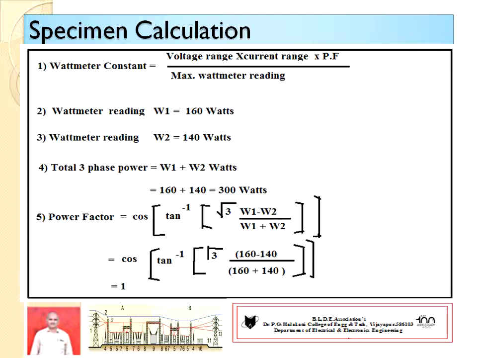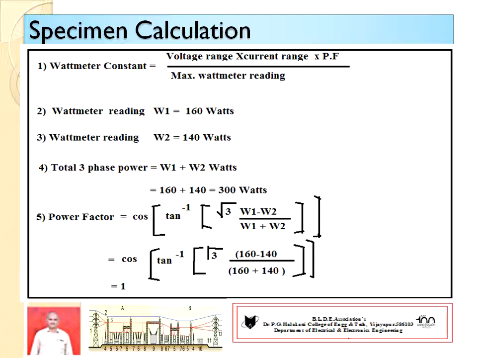After that you take wattmeter reading W1, actual reading into multiplying factor, and wattmeter reading W2, actual reading into multiplying factor. Number 4, total 3-phase power equals W1 plus W2.